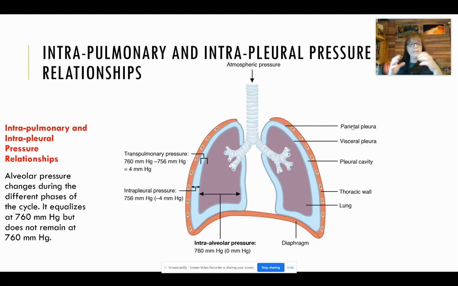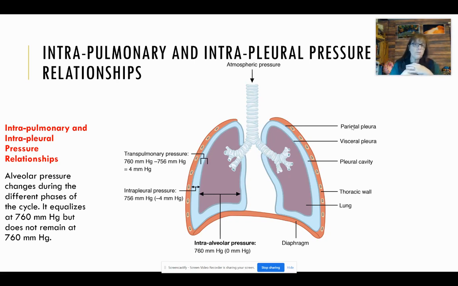And so we have this outward pull of the chest wall opposing this inward pull on our lungs. Now, the outward pull is slightly more than this inward pull. And this is what creates that -4 millimeters of mercury intrapleural pressure, or that lung cavity pressure, right?